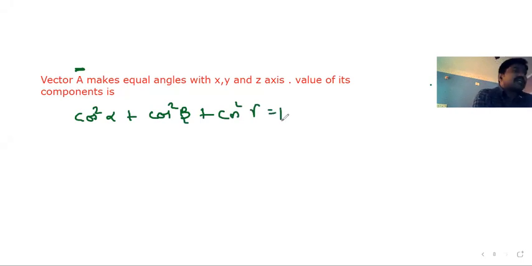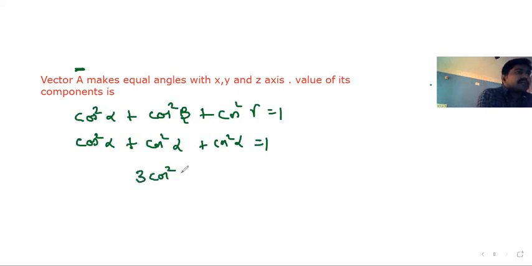Here alpha, beta and gamma all are equal only. Since all the three angles are same, you can write alpha for all of them: cos square alpha plus cos square alpha plus cos square alpha equal to 1. Then 3 cos square alpha equal to 1, so cos square alpha equal to 1 by 3. Then cos alpha value will be 1 by root 3.